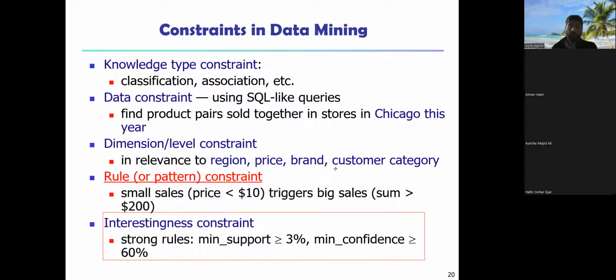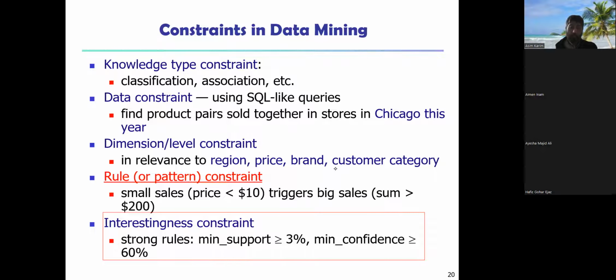And within this category, we have already looked at some constraints. Like the support constraint that we were using in Apriori and FP-growth, so that's an example of a rule type of constraint. So we are trying to find all patterns that have a support greater than some minimum support. So it's an example of support constraints.